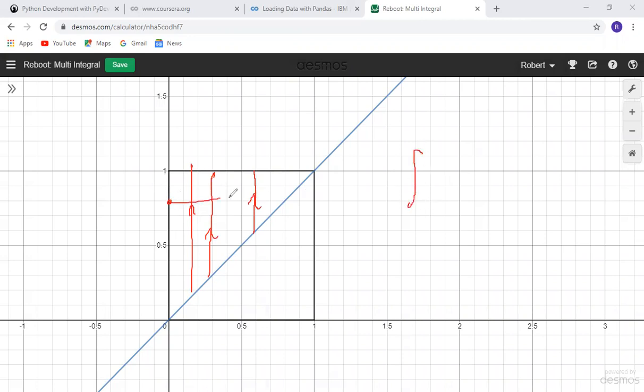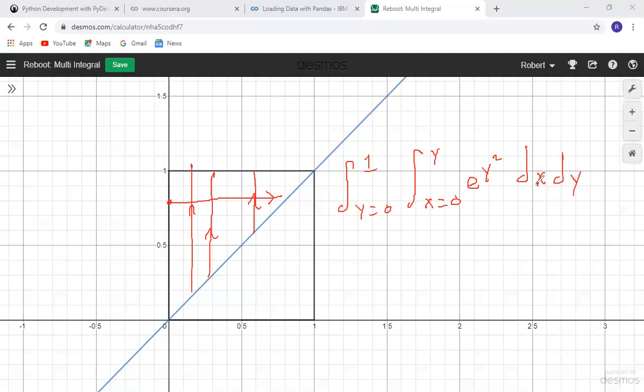So x is going to go from 0 to y. And now y is going to go from 0 to 1. And we're integrating e to the y squared dx dy.